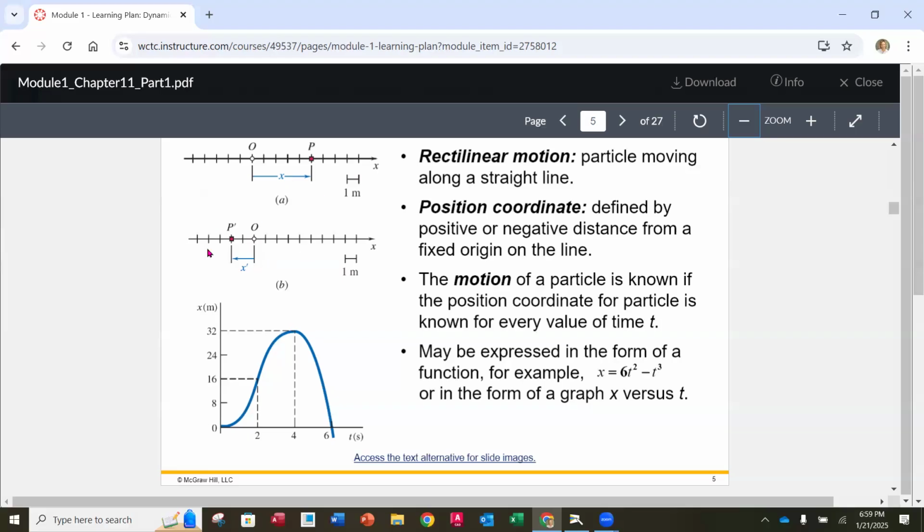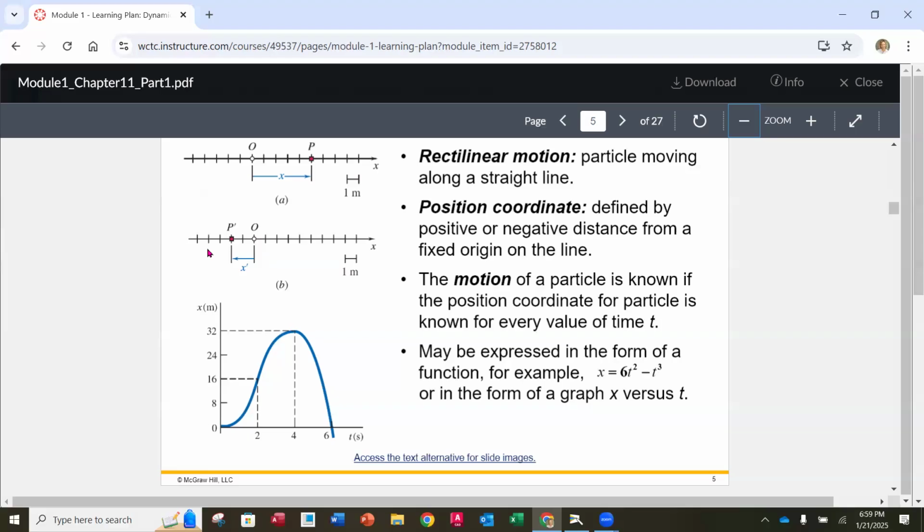In contrast, on figure B, as we look at P prime, a new point, we notice that it's 2 units away from our origin, but this time it's on the left-hand side. So that would be a negative distance direction from the origin because it's on the left rather than the right, okay?